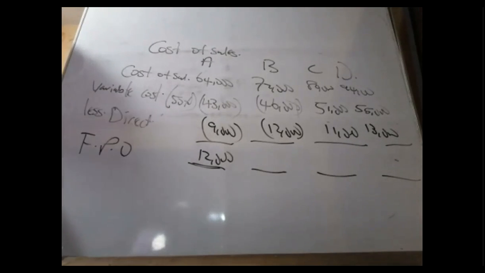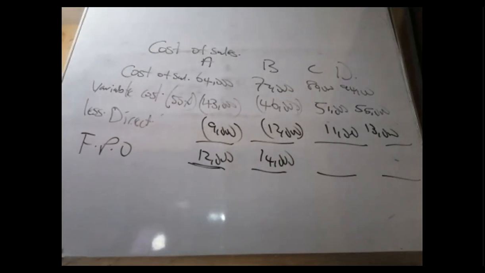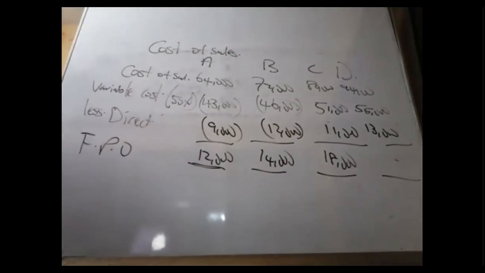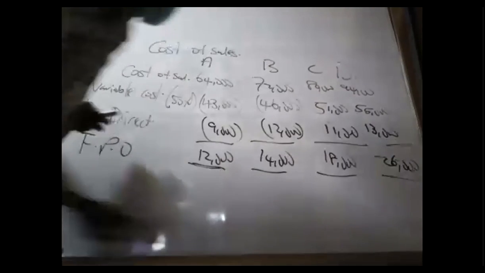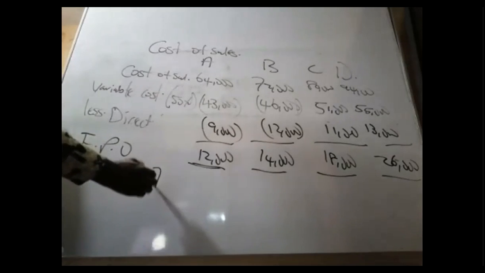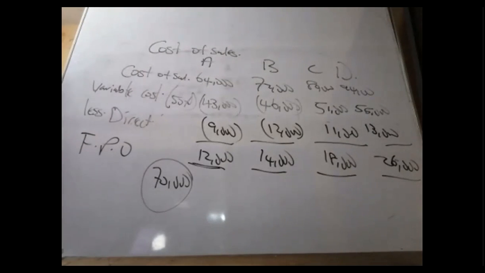And then B will be 14,000. 18,000. And 26,000. Put all together, what do you get? That should give us 70,000, right? Perfect. So the fixed cost is 70,000.